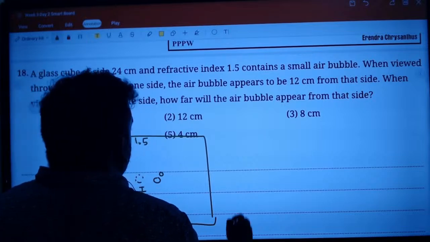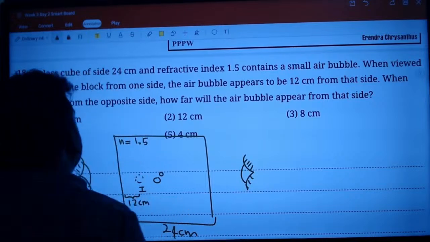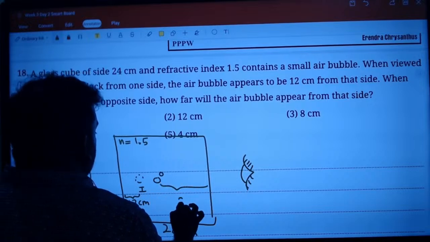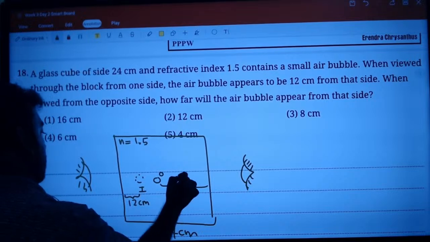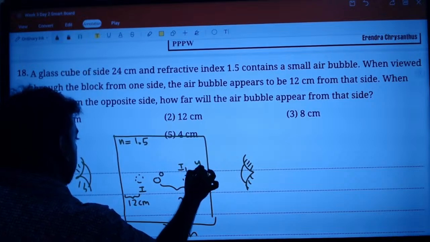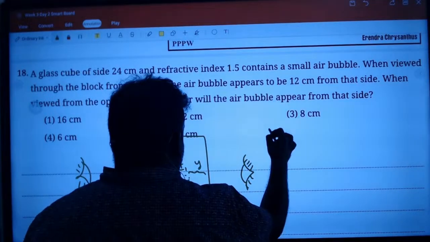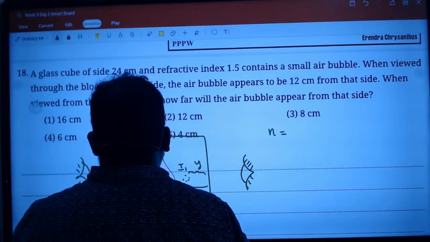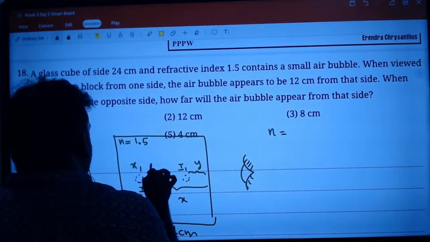When viewed from the opposite side, how far will the bubble appear? Let's say distance x, independent of the place where you keep your eye. So the image will come closer. Here you can say refractive index is real depth divided by apparent depth.